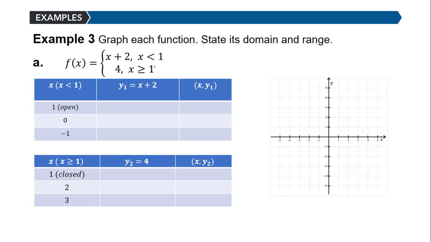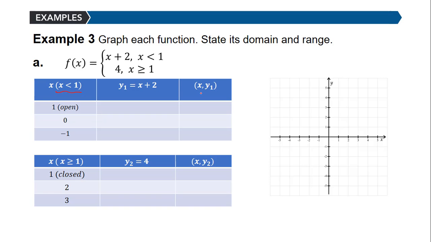The way I like to do these is actually to break them apart to make two different function tables. So I'm going to make a column for x and state my restriction. So this table is only valid when x is less than 1. The y value I will call y sub 1 is equal to this function rule, which was x plus 2.